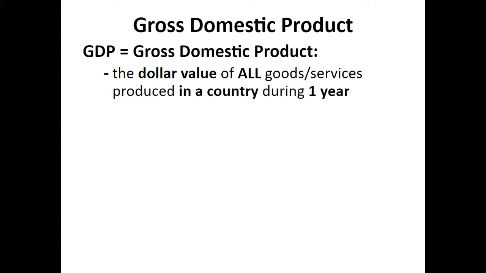If a movie ticket costs $15, that's added into the GDP. Your iPhone costs $1,000, that's added into the GDP, and you take all of those goods and services that are created in 1 year, and that equals the country's GDP.